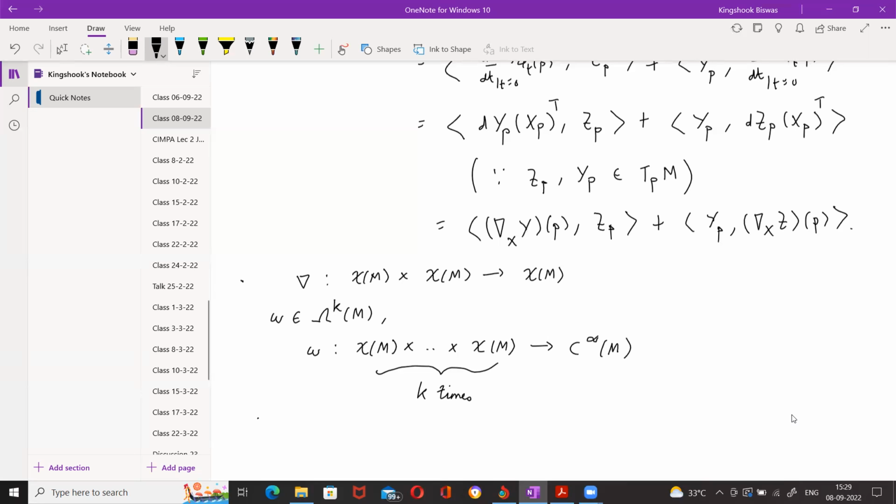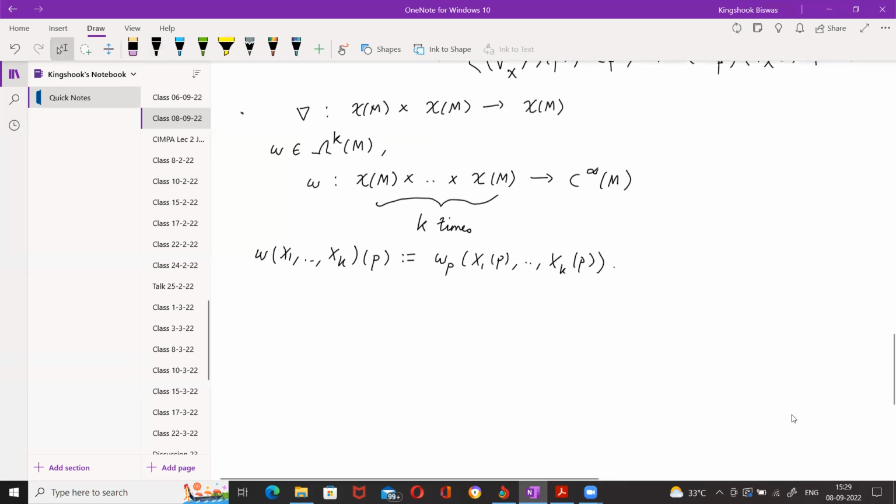It's just the obvious thing that omega applied to k vector fields X1 to Xk, at a point P, is defined to be omega at P applied to X1 at P up to Xk at P, right? Okay.